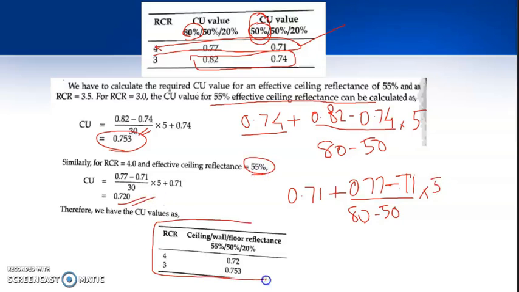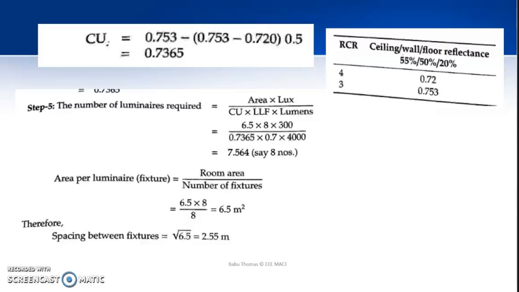Now you are coming up with this value as RCR of 3 for 0.753 and for 4 it is 0.72. Now you need to calculate it for RCR of 3.5. You need to find out a single value for your coefficient of utilization.